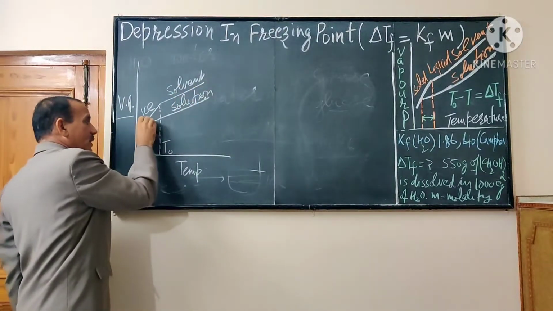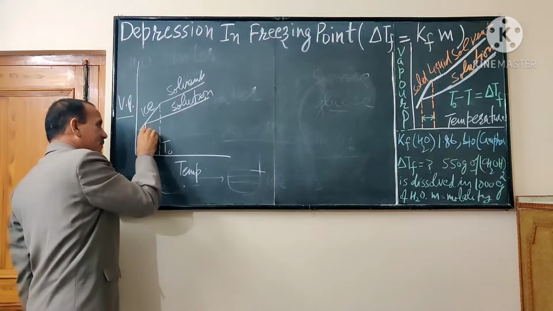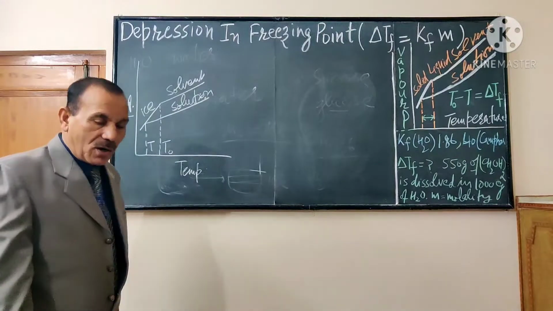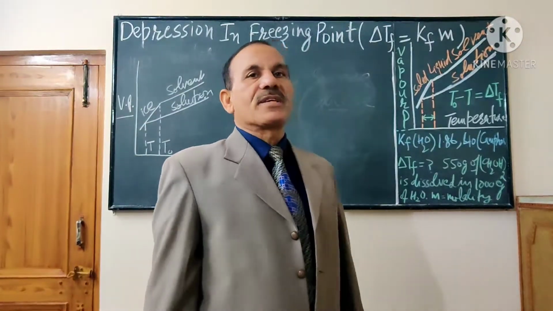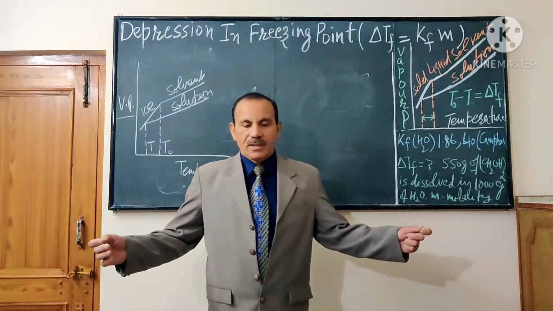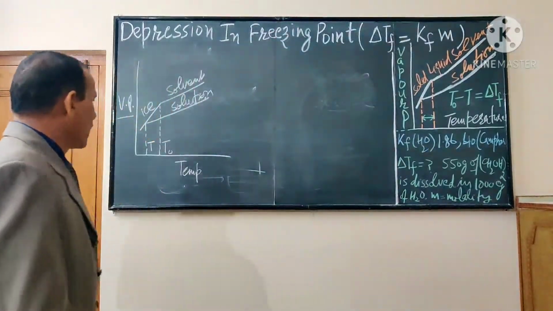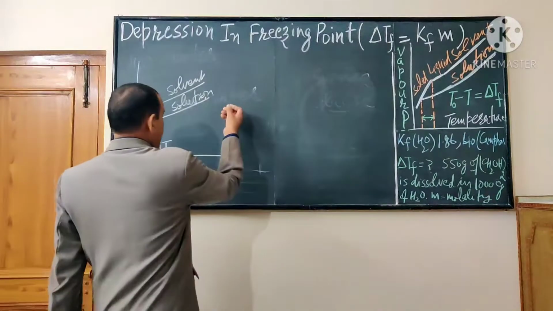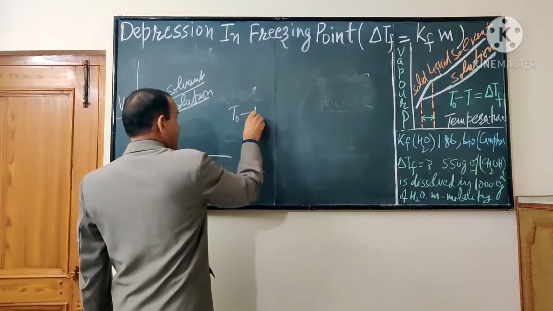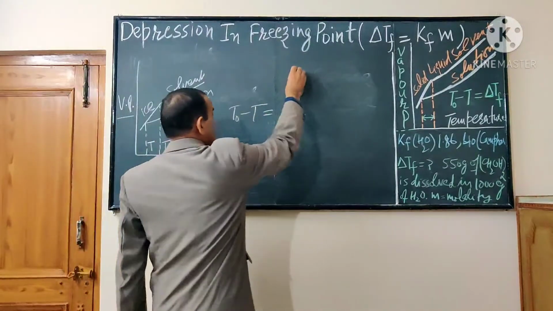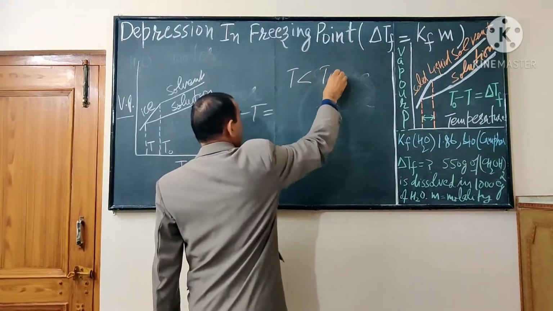And ultimately your solution freezes at this temperature, and this is the T, the freezing temperature of solution, which is always less as compared to the freezing point of pure solvent. The difference T0 minus T: T is always less as compared to T0.